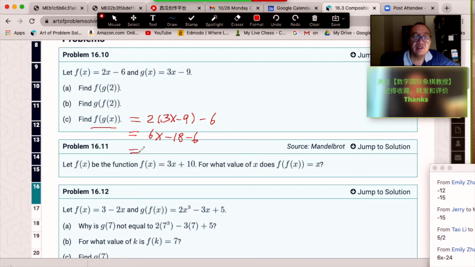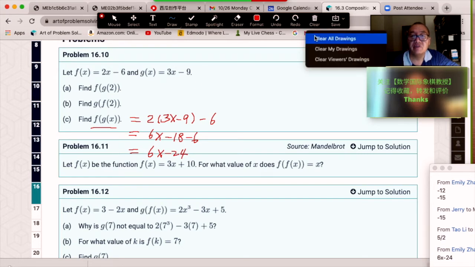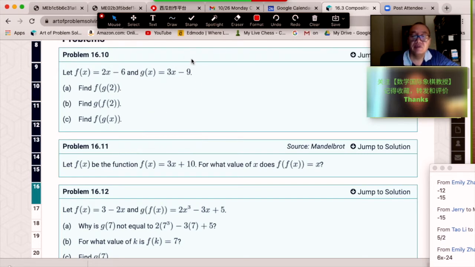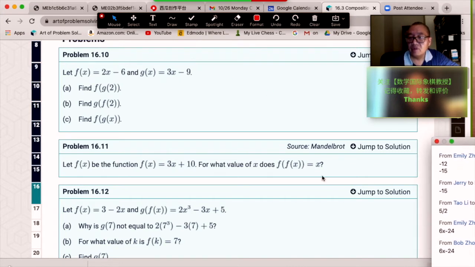So this one equals 6x minus 24. Okay, this one's correct. Bob, you're also correct. Very good. Only Emily and Bob got it correct.